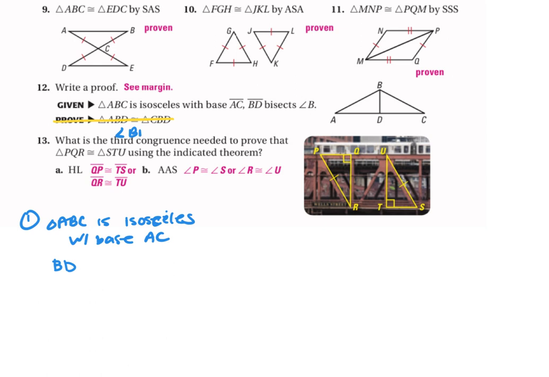That's where I wanted to go. I could start with the same information, so I'd still start with ABC is isosceles with base AC, and then BD bisects, let me give you a different angle now, because that's the same angle. Let's say angle BDA equals angle BDC.